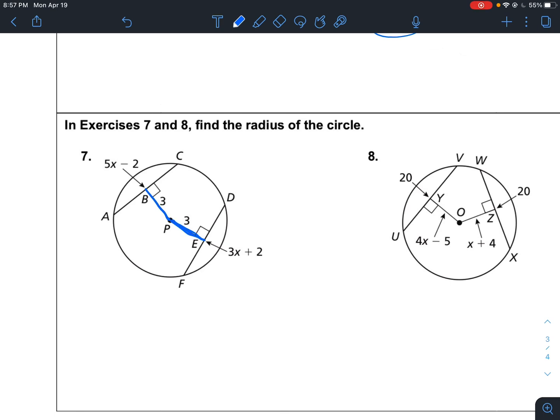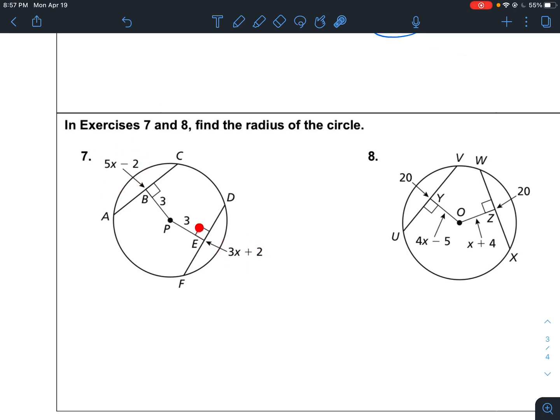Both of them are 3, which means that these chords are congruent. So DF and AC are congruent, so you could find the value of them by setting these equal to each other and solve for x.